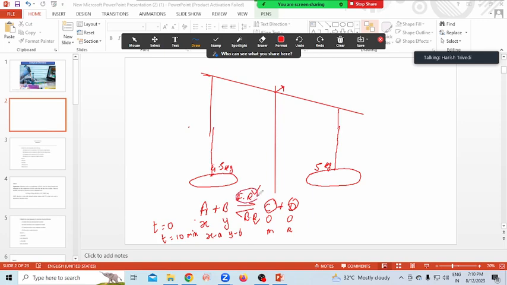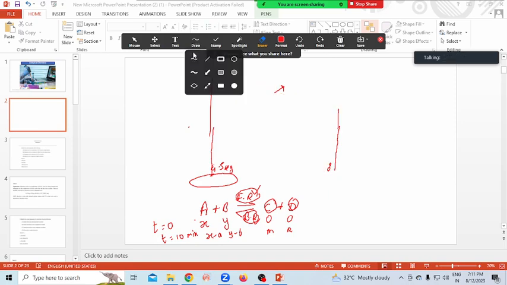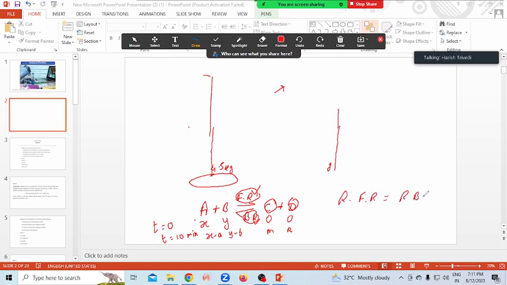Initially the rate of forward reaction is very high and backward reaction very low, but after some time when equilibrium is established, we can say that the rate of forward reaction will be equal to the rate of backward reaction.